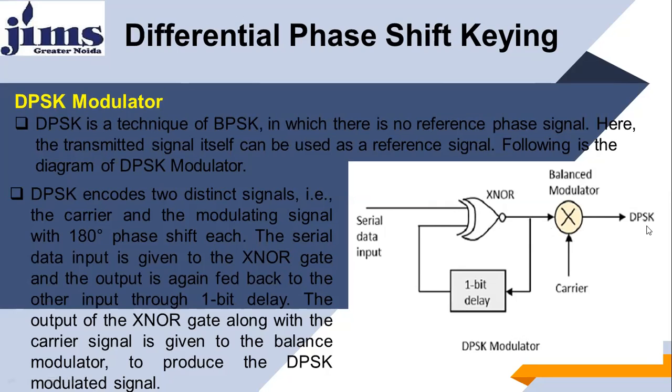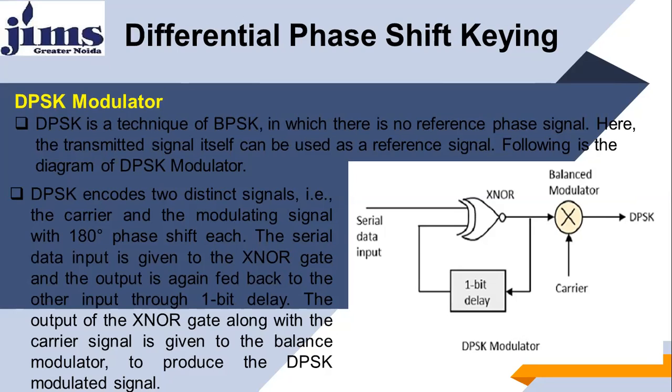So DPSK encodes two distinct signals, the carrier and the modulating signal, with 180-degree phase shift of each. The serial data input is given to the XNOR gate, and the output is fed back to the other input through a 1 bit delay. The output of the XNOR gate along with the carrier signal is given to the balanced modulator to produce the DPSK modulated wave, right?